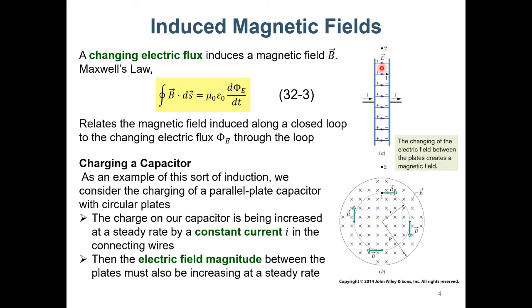So the E field between these two plates is also increasing, which means the electric flux for this surface is also changing. As long as the electric flux is changing, this term is not zero. It feels like there is some current going through it.